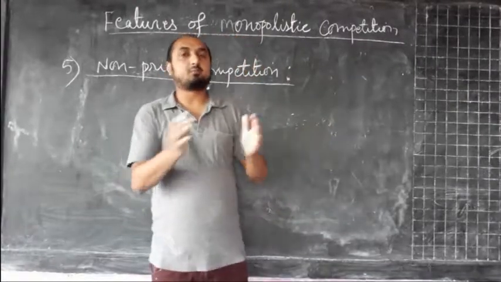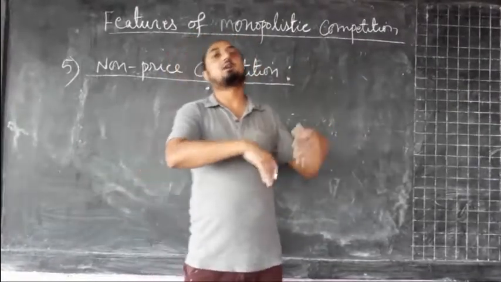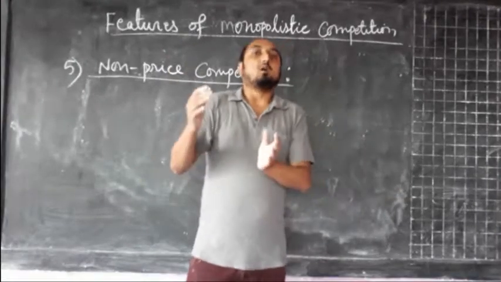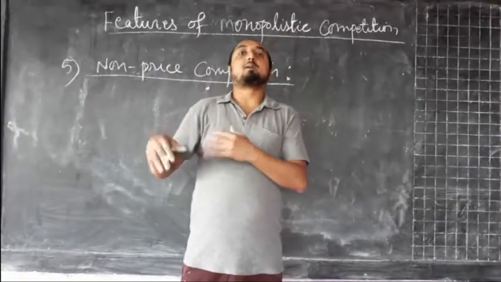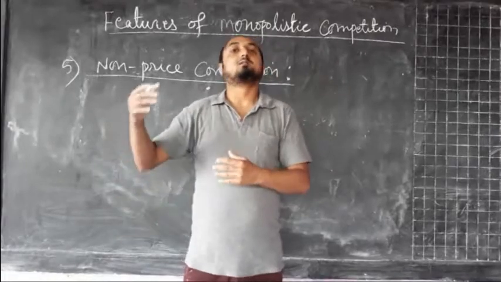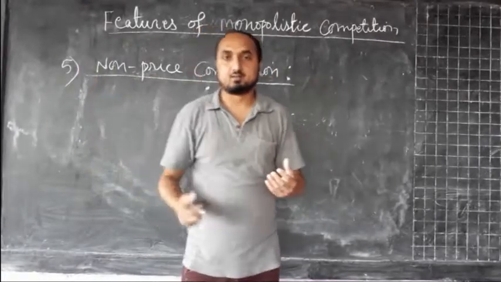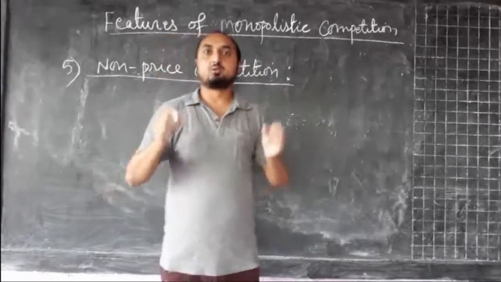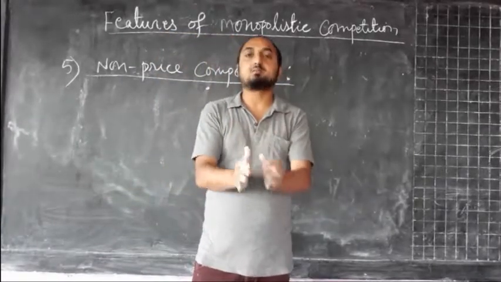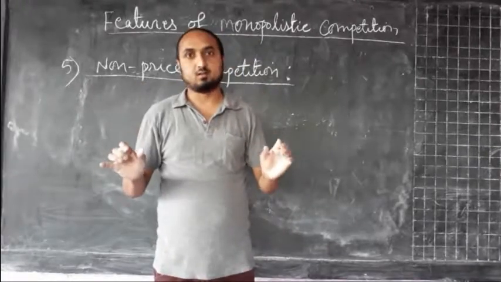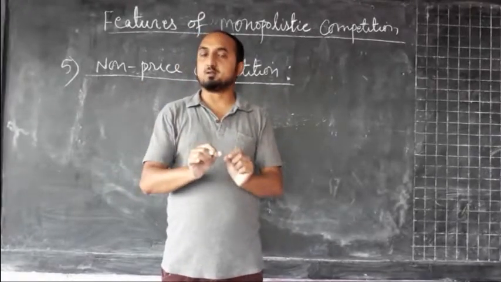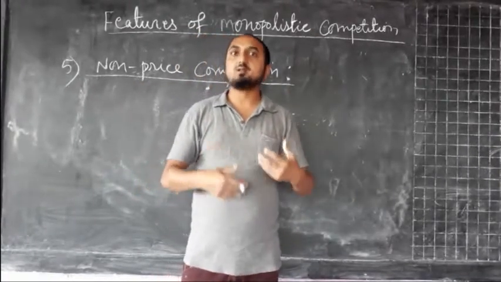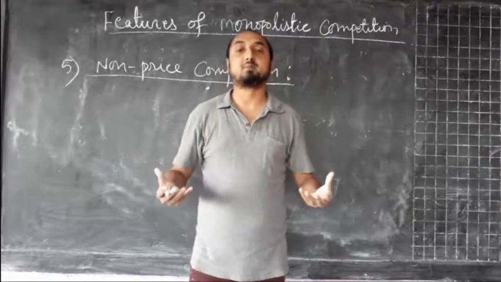Suppose one of the products is advertised by Shah Rukh Khan, then if others want to advertise their product, they may hire other celebrities, okay, to attract the number of consumers. So here the competition exists but not in terms of price. These are non-price competition. The competition may be there in terms of advertisement expenditure.